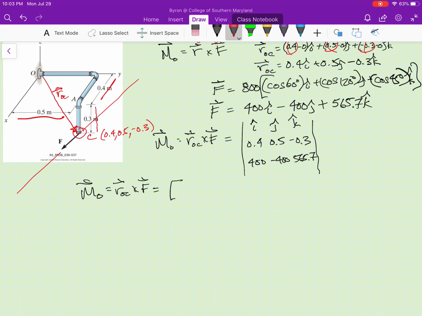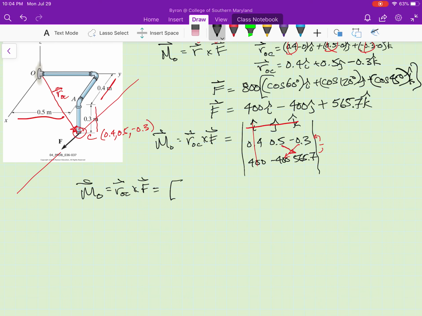So to calculate the I term in the 3 by 3 determinant, we cross out the row that the I is in and the column that the I is in, and then we're going to multiply the 0.5 by the 565.7, and then we're going to subtract the negative 0.3 times the 400.